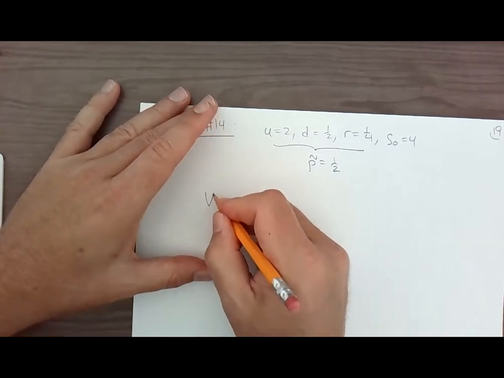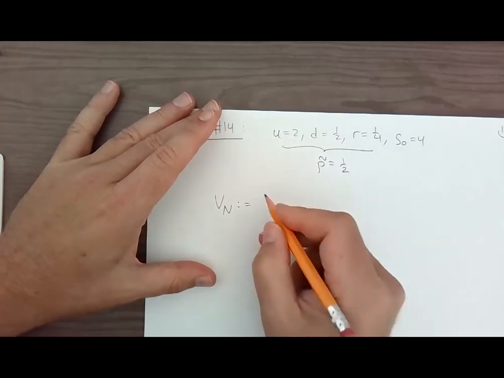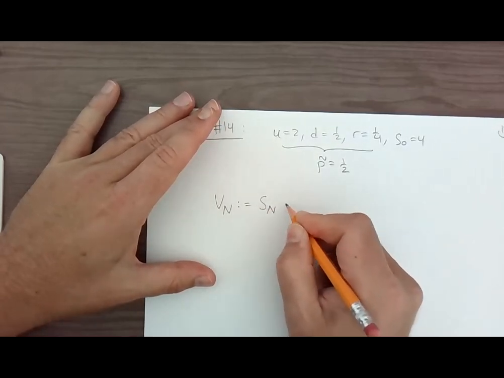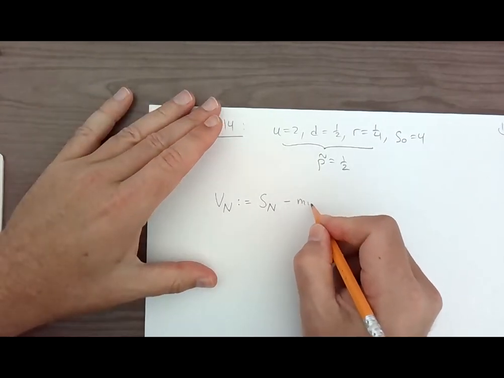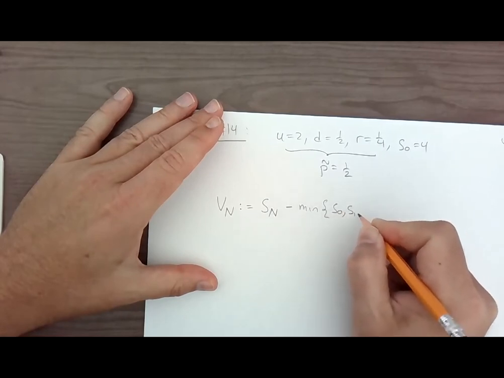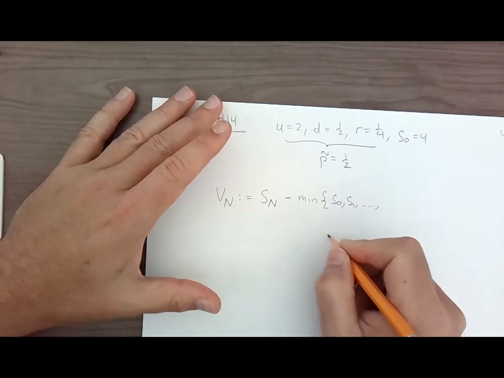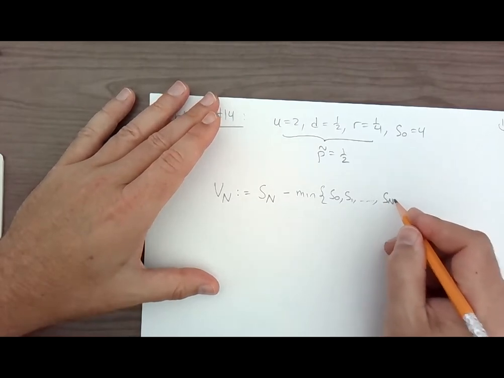It pays out Vn, which is the stock minus the min of all the previous stock prices, S0, S1, all the way up to and including S capital N.